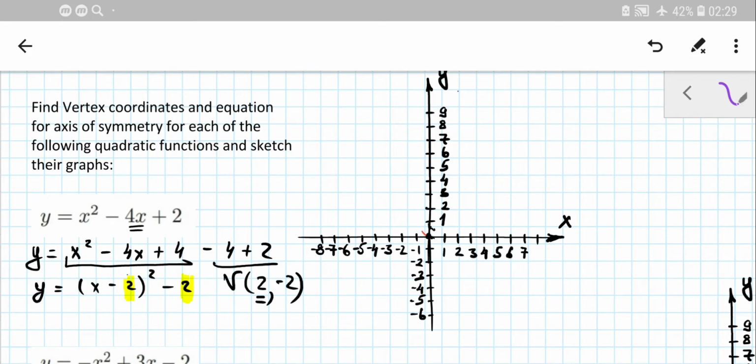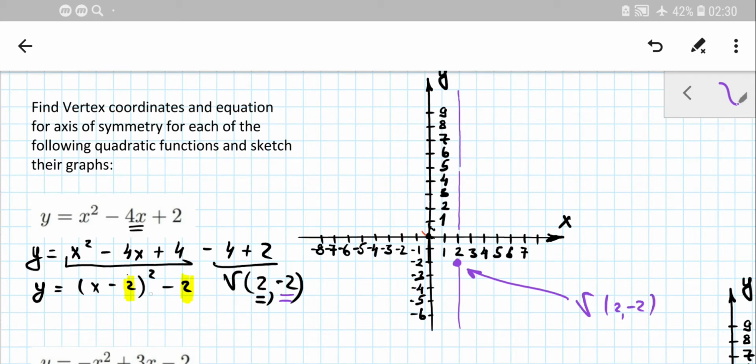It goes vertically through x equals 2, because 2 is the vertex x coordinate. However, we also need to look at the -2, so my vertex is here. That's the vertex V with coordinates (2, -2).